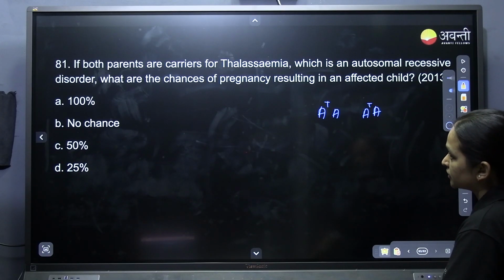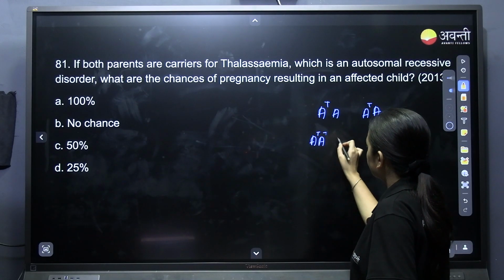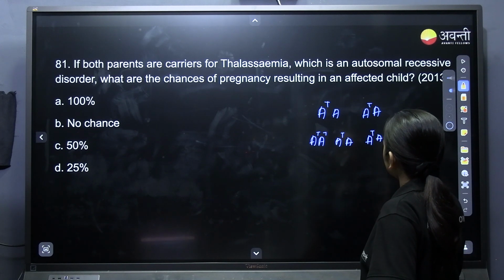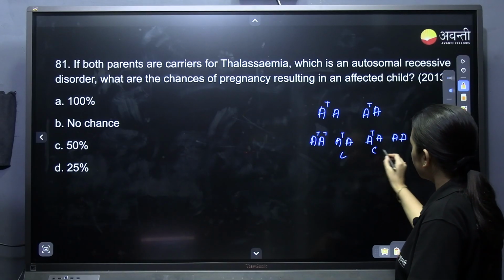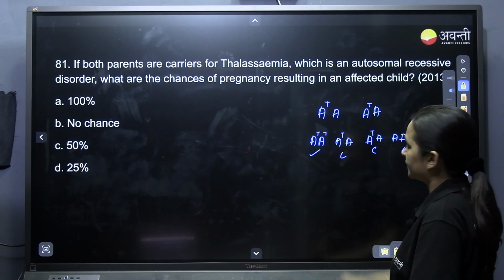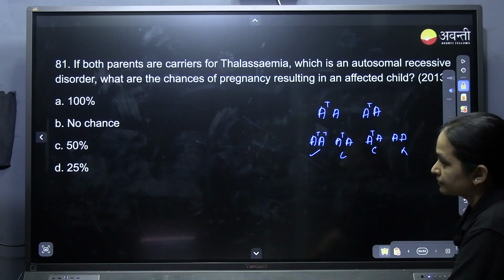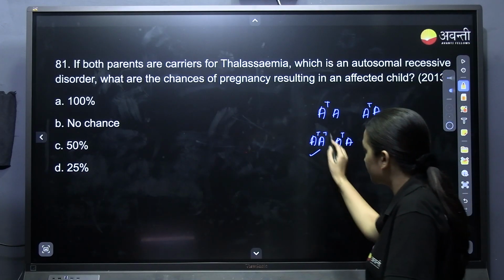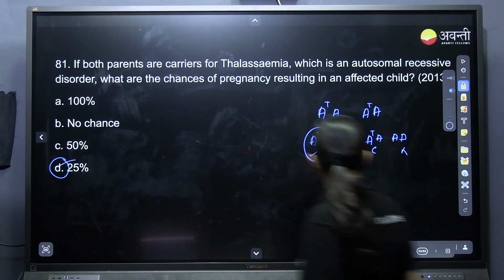What is the percentage? 25 is the percentage.